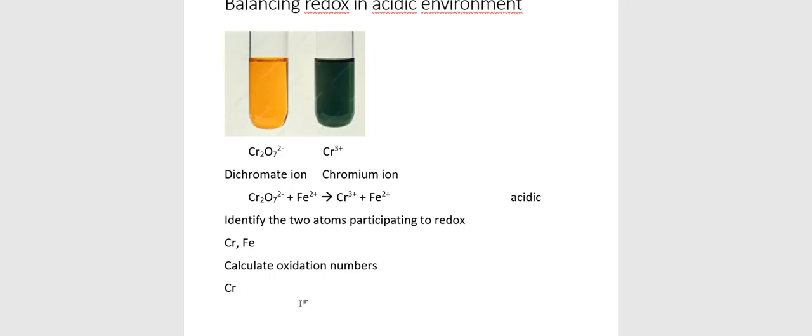So to calculate the oxidation states of the chromium ion, I have to consider that the sum of the oxidation states must be equal to -2.